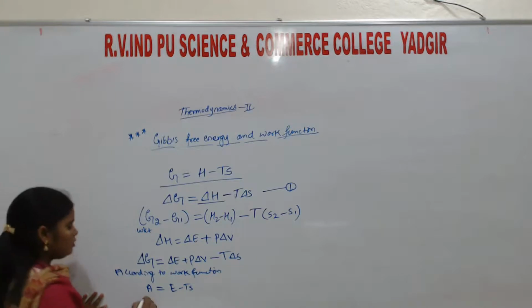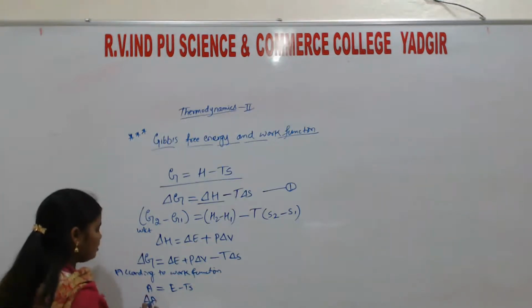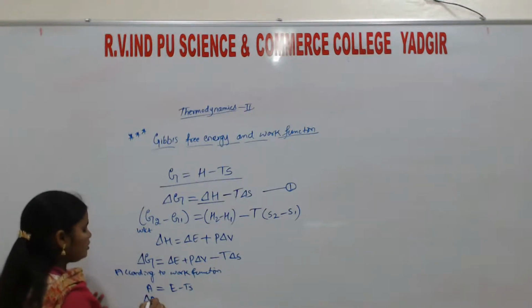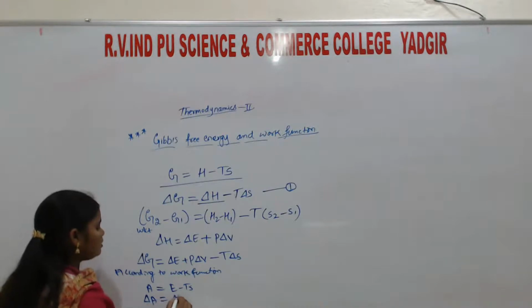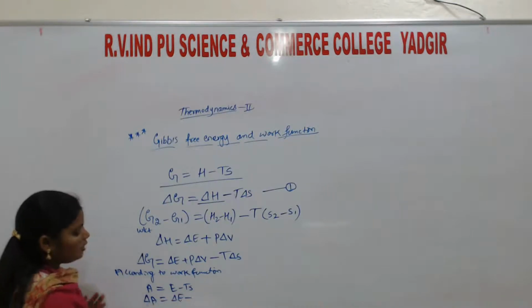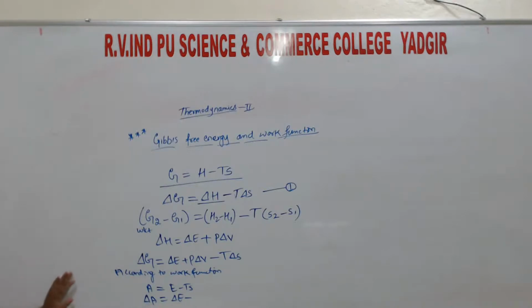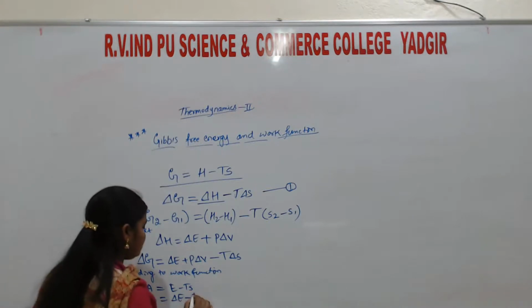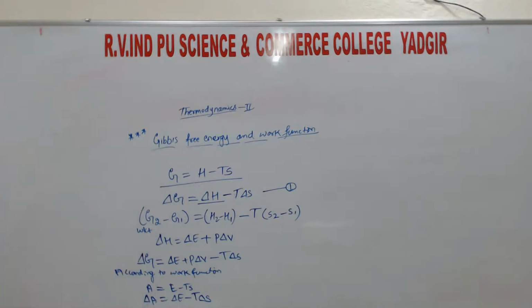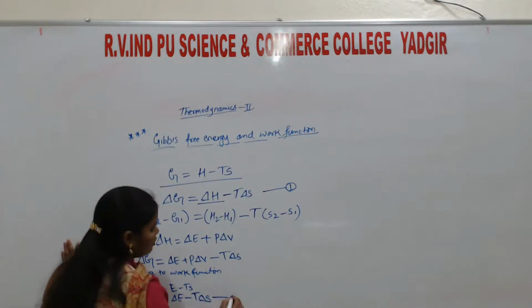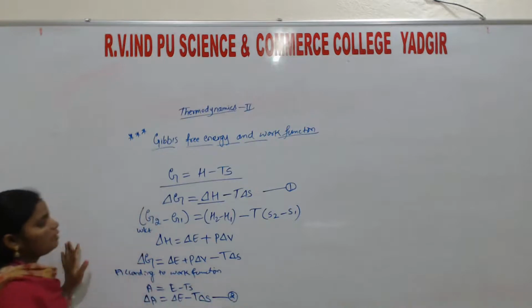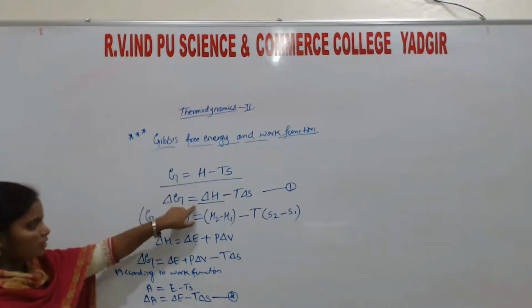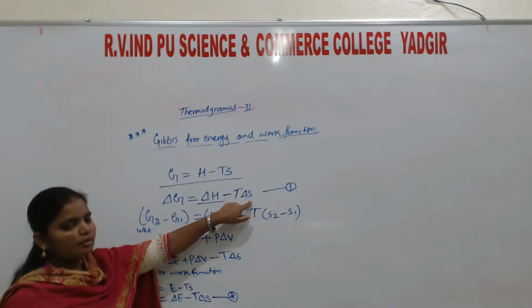You write the change in the state function, delta A, which is equal to delta E minus T into delta S, where S is the entropy. And this is the equation number 2. This is delta G equals delta H minus T into delta S.